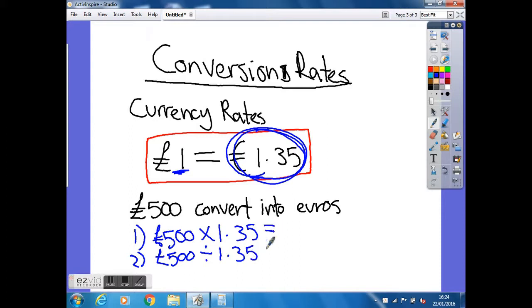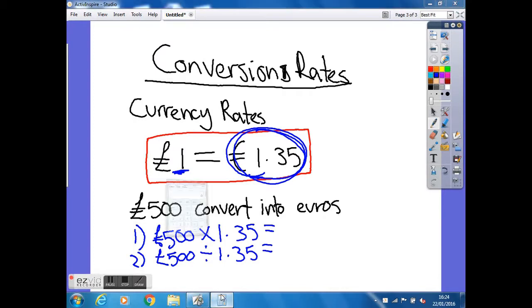Now, to some of you, it may be obvious which one this is going to be, but in terms of learning this method from scratch, we always advise that you do both of these calculations first, because then you can check from your answers which one makes the most sense and which one will be correct.